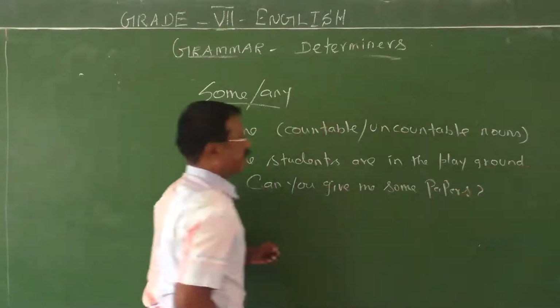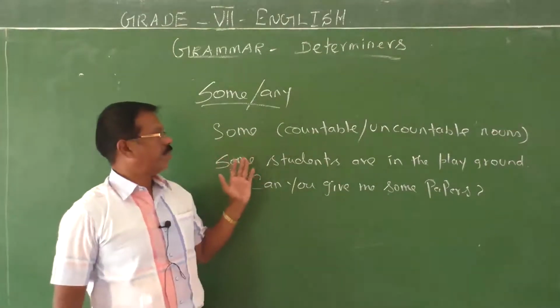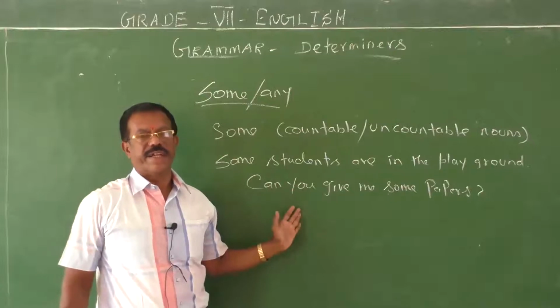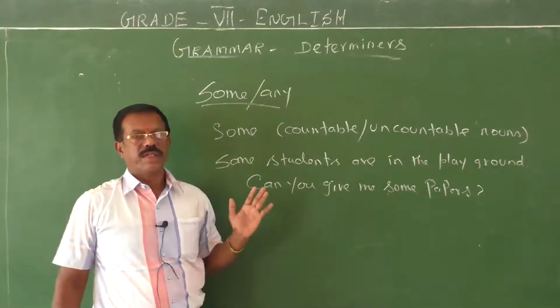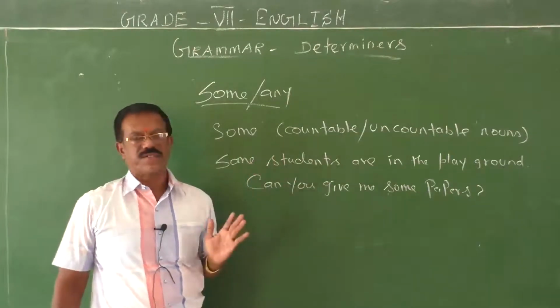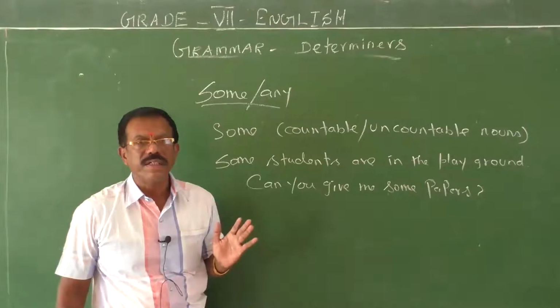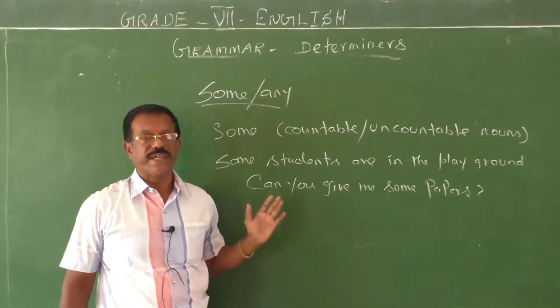Okay, so it's a question, an interrogative sentence. So here we use some both in statements as well as interrogative sentences, and it is used before countable and uncountable nouns. They restrict the meaning of the nouns which come immediately after, therefore they are called determiners. Okay, they are quantifiers.